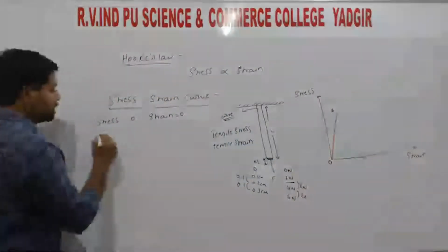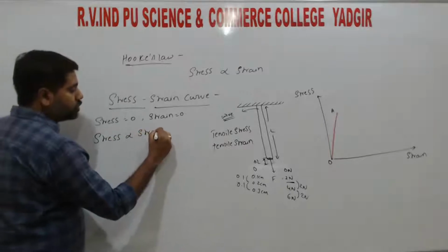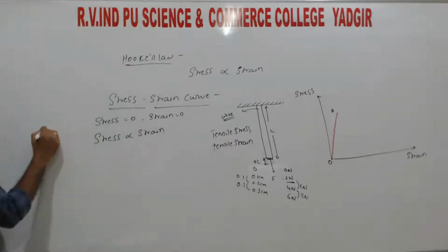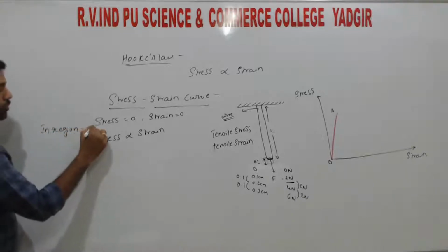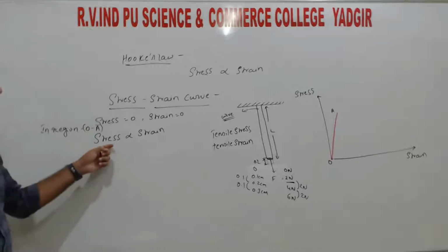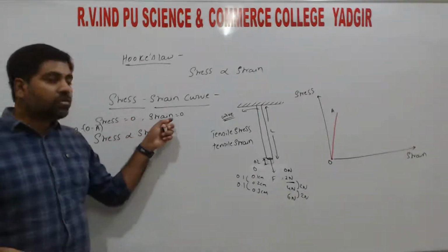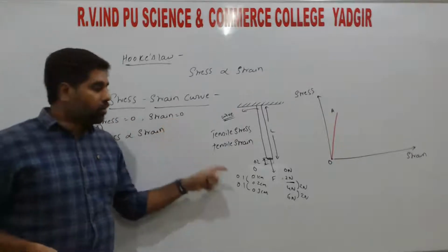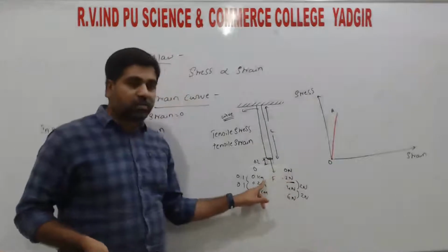Why? Because stress is directly proportional to strain. So in this region, from 0 to A, stress is directly proportional to strain. When stress is equal to 0, strain is equal to 0, right? So that means linear. So if a 2 Newton force is acting, then 0.1 centimeter.